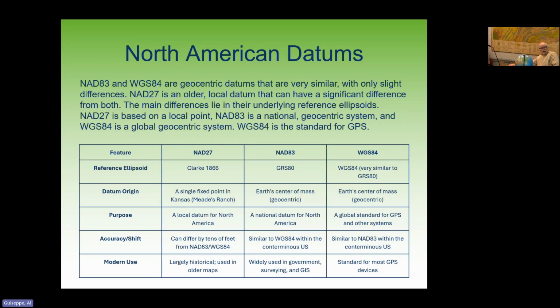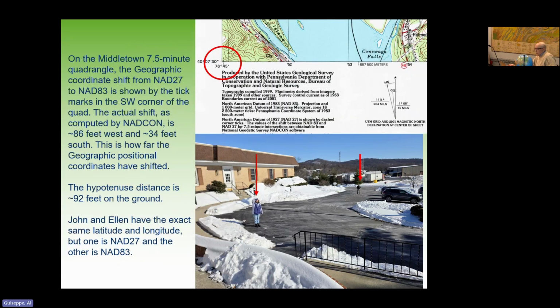But NAD 83 and WGS 84, the ones that the GPS uses, their center of mass is very, very similar. It's only like 7 feet difference from the center of the Earth. So they're essentially identical. Now on your handout, I showed you the difference between NAD 83 and NAD 27 as far as your geographic grid is concerned.